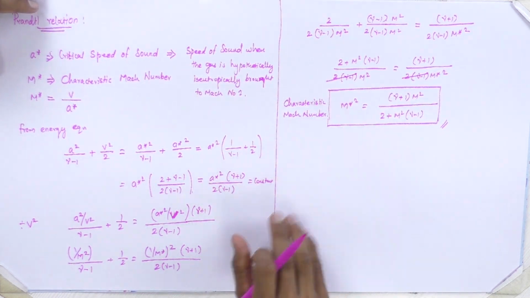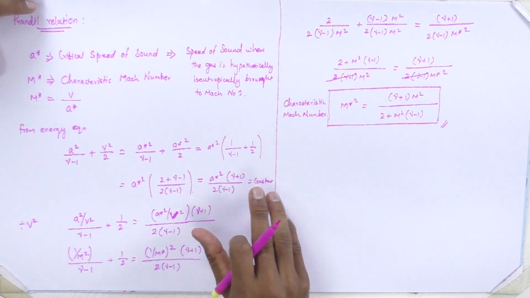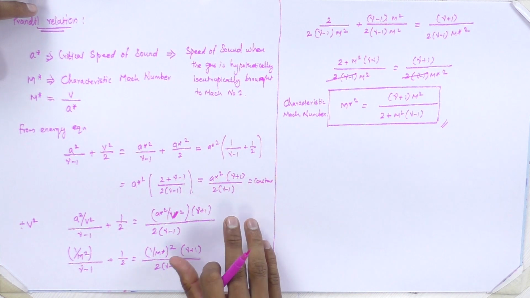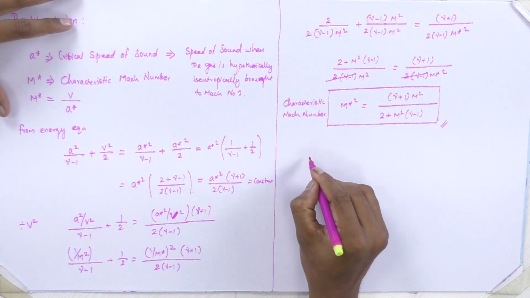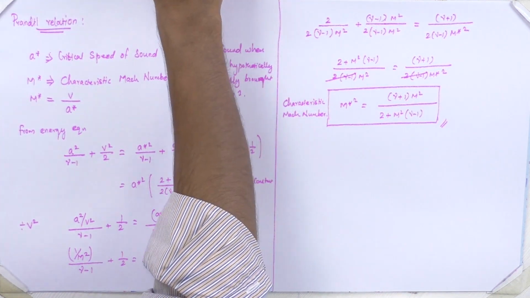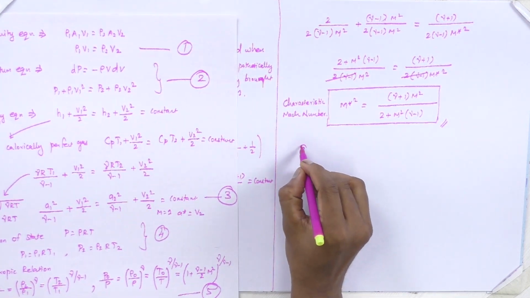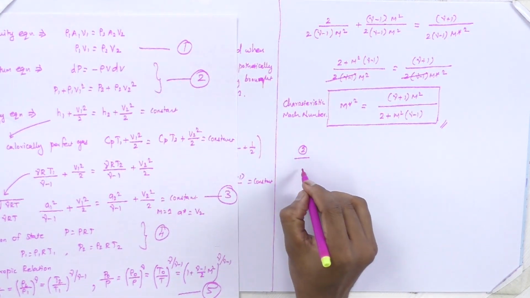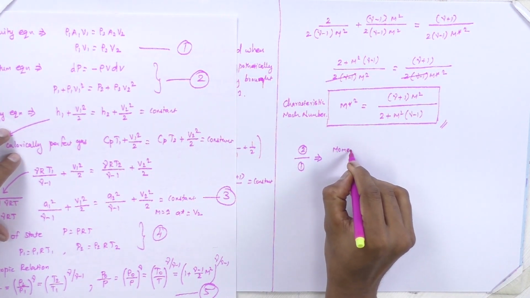So far he had only the characteristic Mach number relation as a function of its Mach number. Then he divided the momentum equation by the continuity equation. Here the momentum equation is number 2, divided by the continuity equation, number 1.